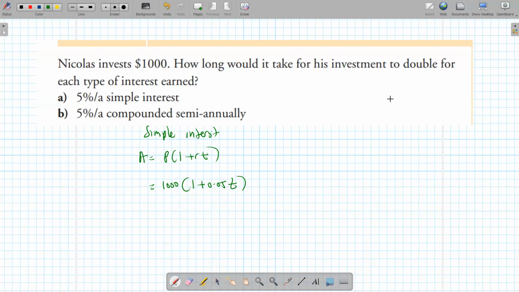What happened? Look at the question. Investment to double. Oh, so 2,000. 2,000, right? There we go.